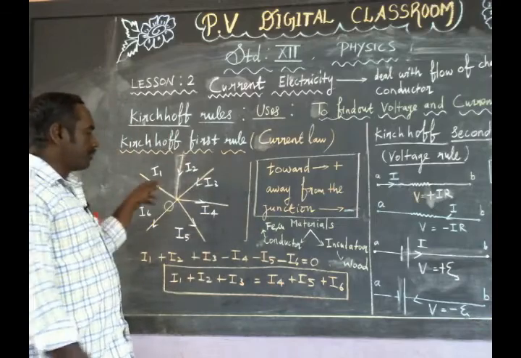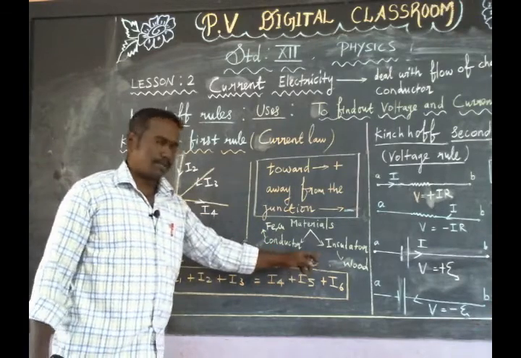So the total current at the junction is 0.